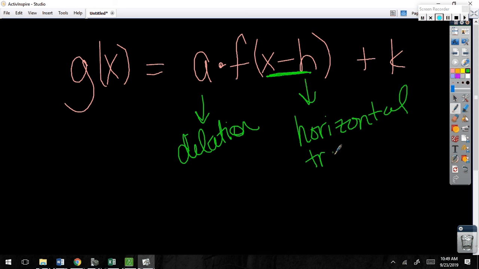K here is my vertical translation. We're moving up or down.